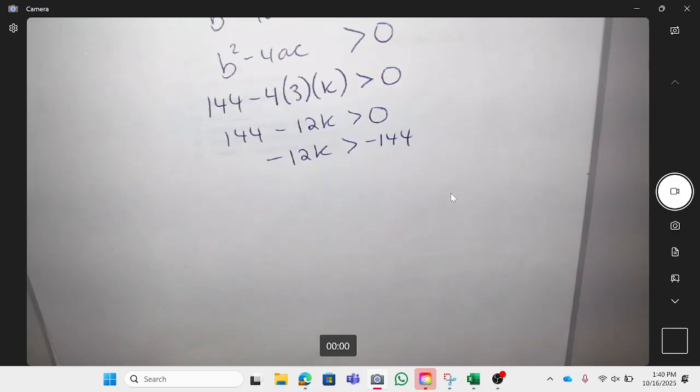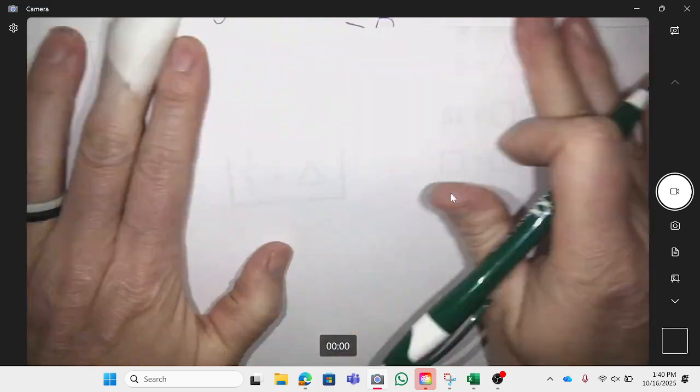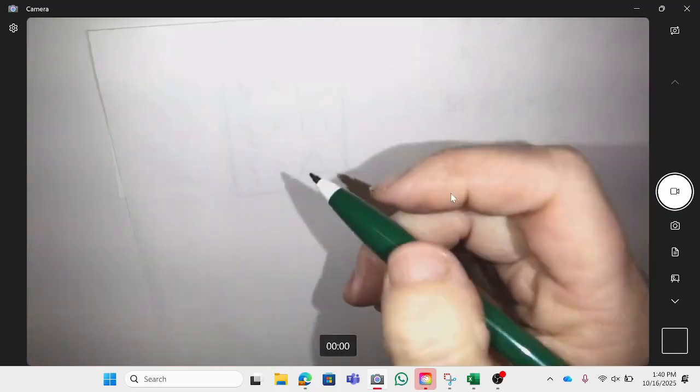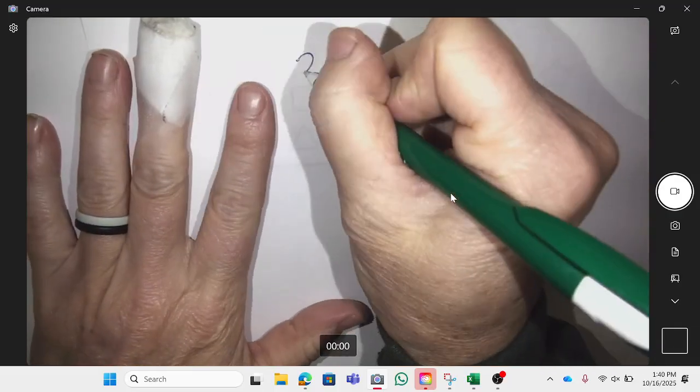So here's something that I teach my grade 9s about inequalities. And I'll solve that later, but I want you to understand this.